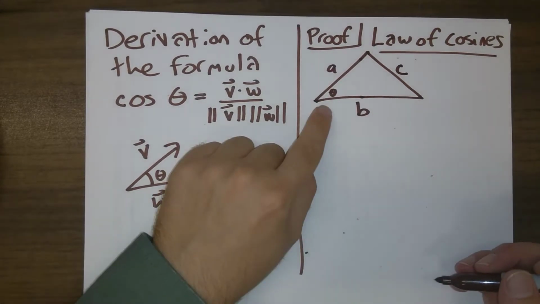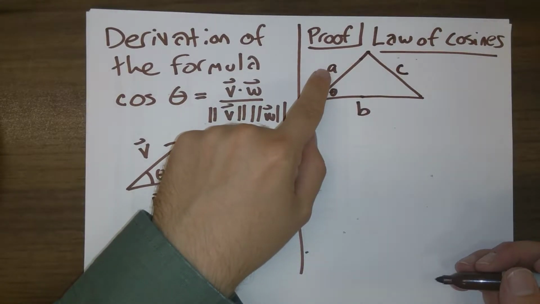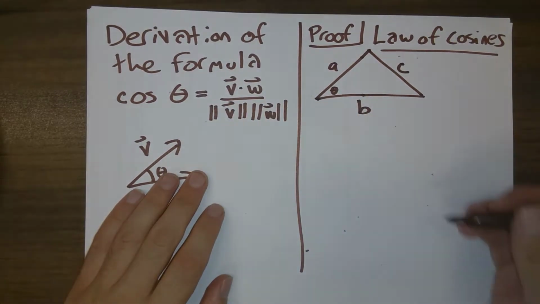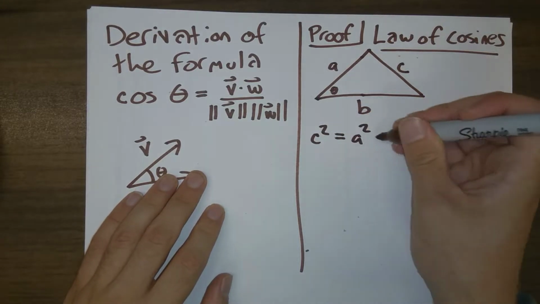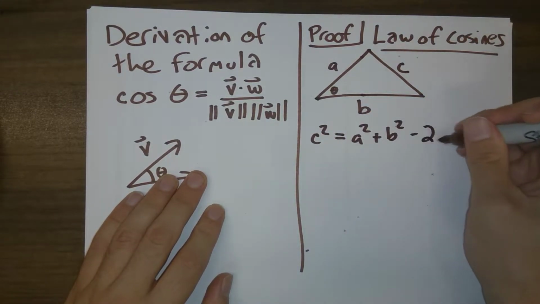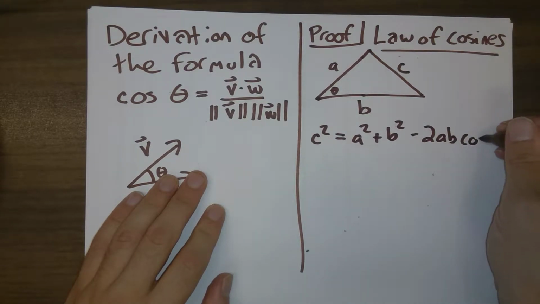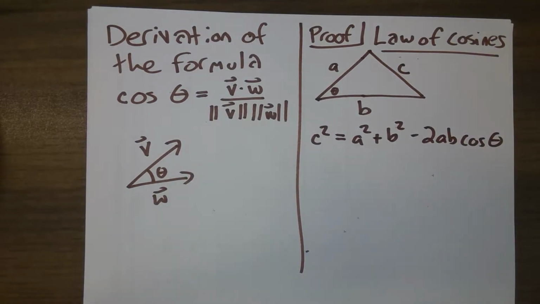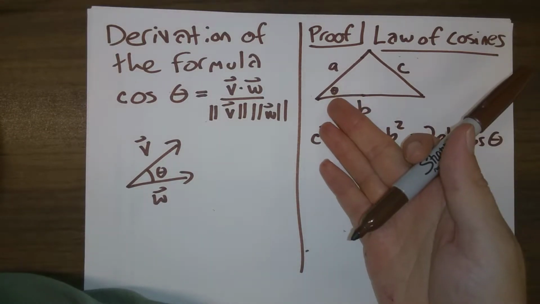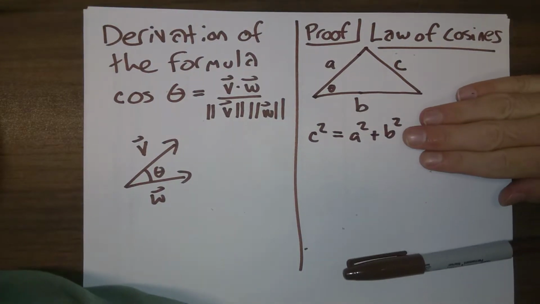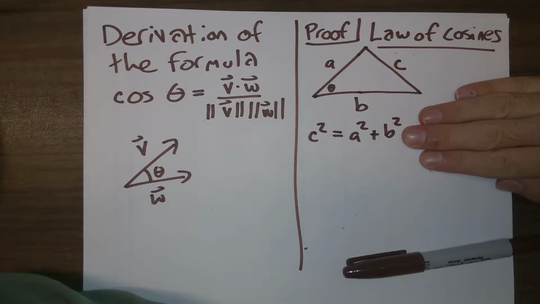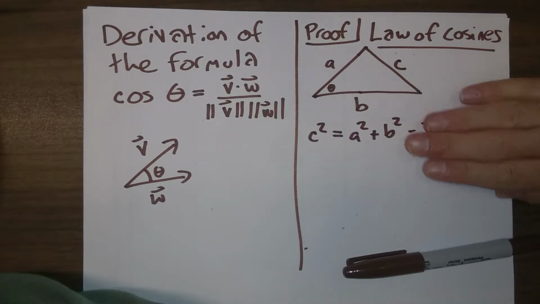So if we have some angle theta with legs next to theta of a and b and a third side c, the law of cosines tells us that c squared is equal to a squared plus b squared minus 2ab cosine theta. And so I'll just point out here that if theta is 90 degrees, pi over 2, cosine theta is 0. And so then we just get the Pythagorean theorem that c squared is a squared plus b squared.